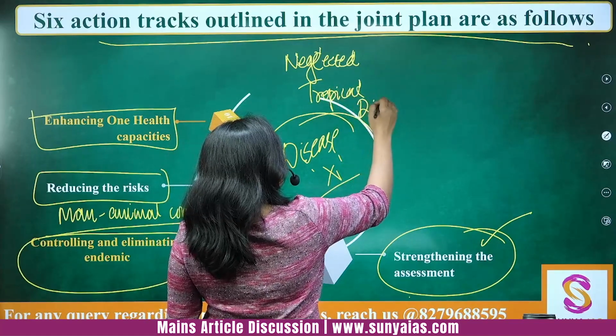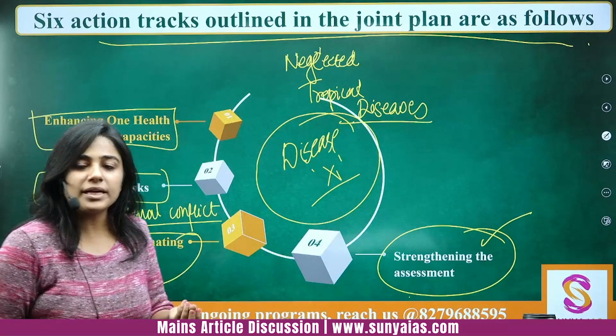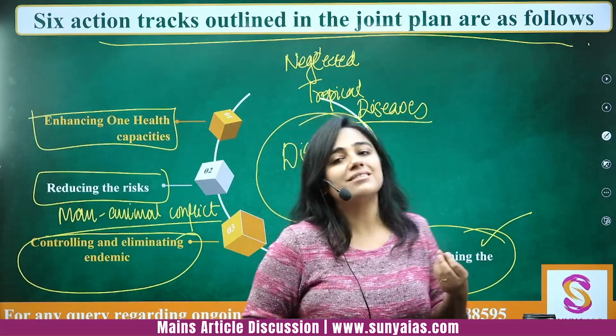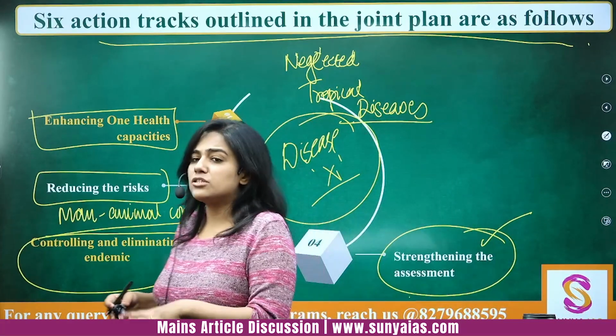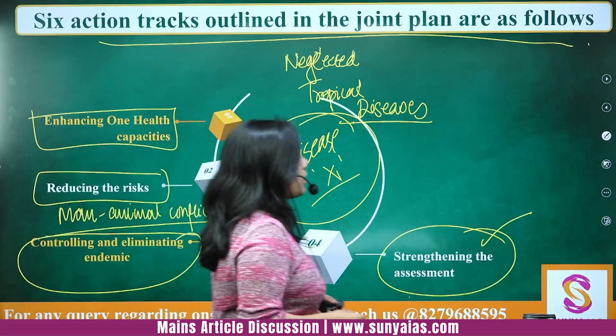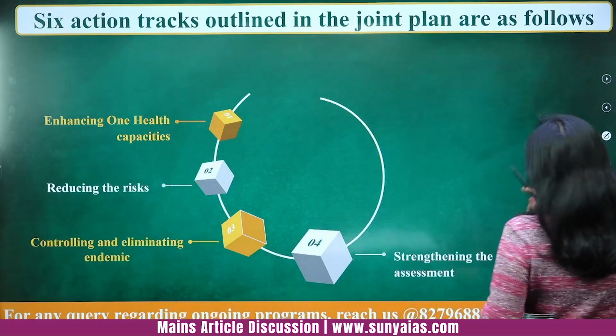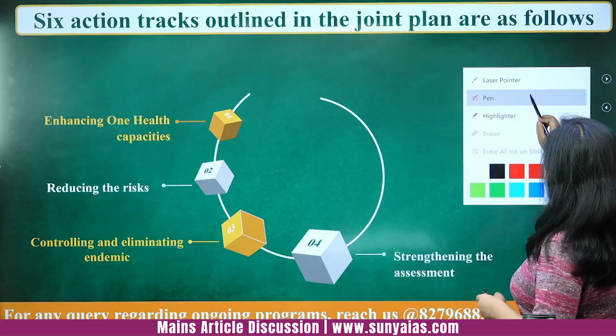It is very clear from the name itself that these are found in the tropical areas. They are not very well researched. Ebola is also one of the neglected tropical diseases, right? There is no solution for Ebola.